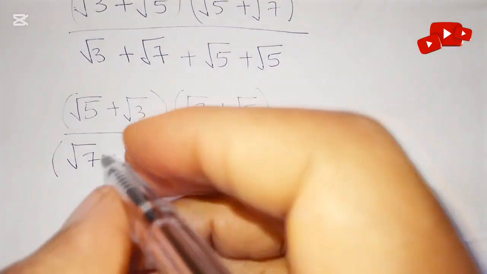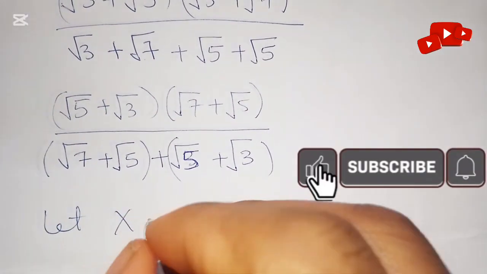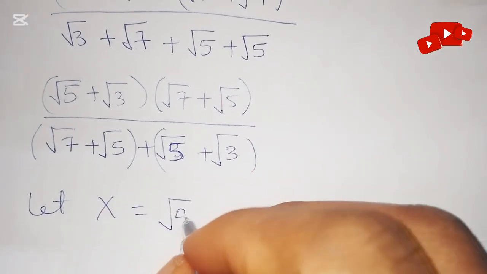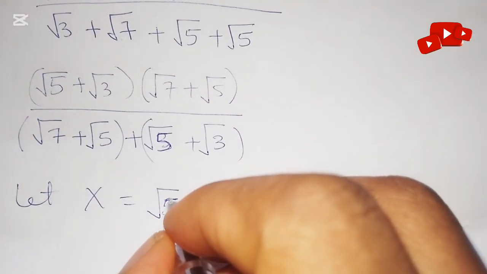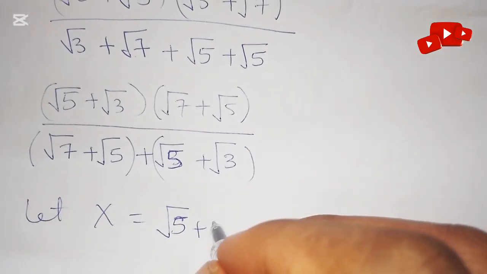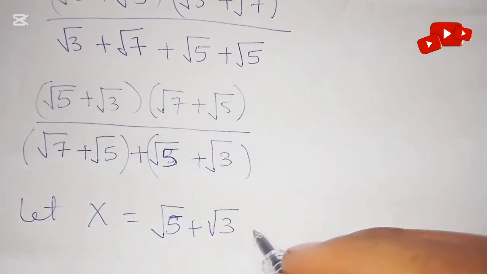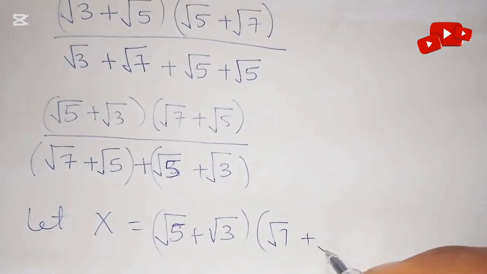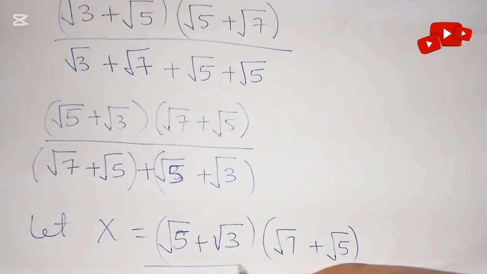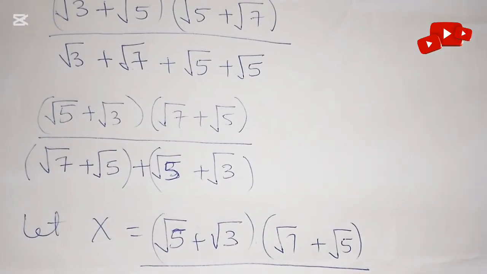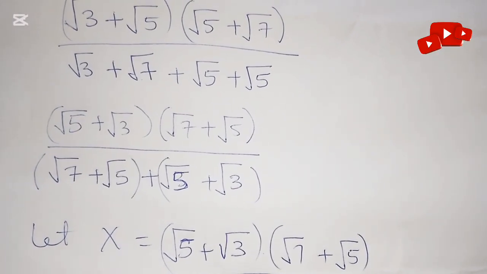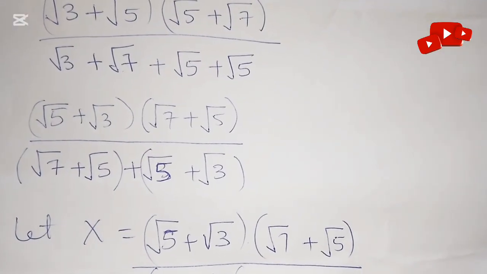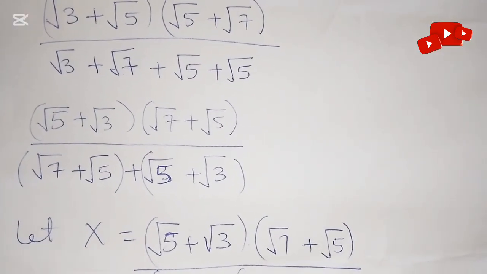So let x be all of this, and root 7 plus root 5, all over root 7 plus root 5 plus root 5 plus root 3.